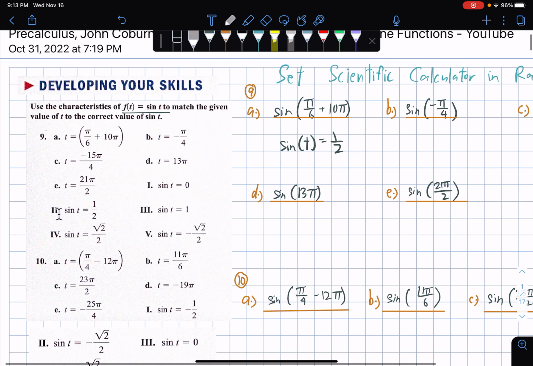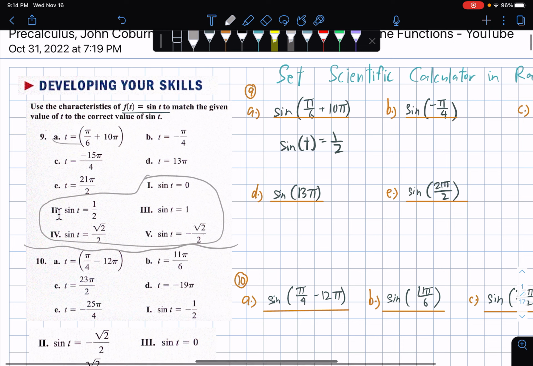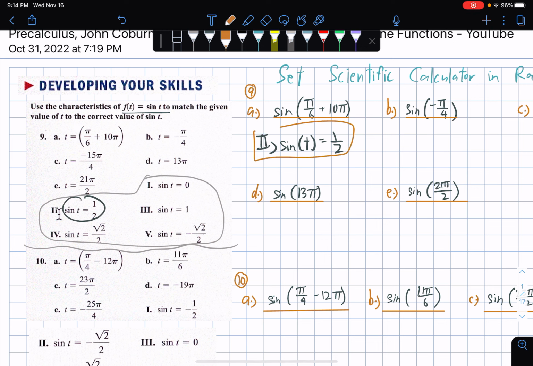As you can see here in number 9, we have choices for each letter: 9a, 9b, 9c, 9d, 9e. They all correspond to a value in the choices. So sine t equals 1/2, this is 2, and this is the final answer.